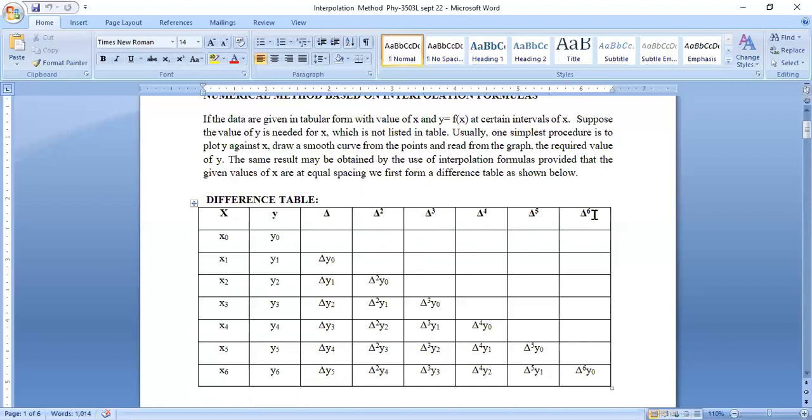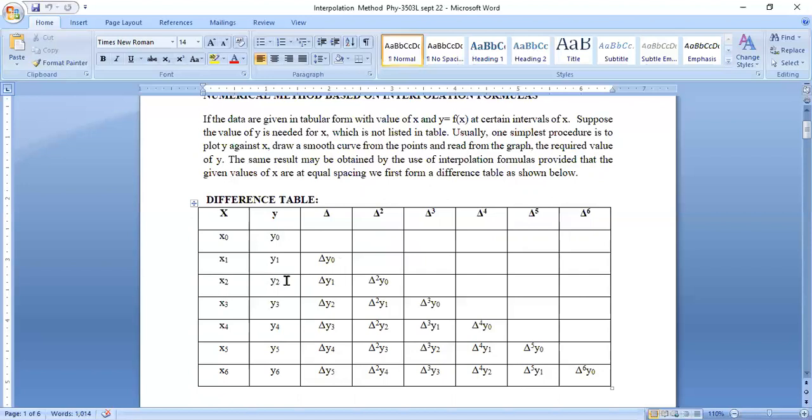Here I will define delta y0 as simply the difference y1 minus y0, where you have to take care about the sign.